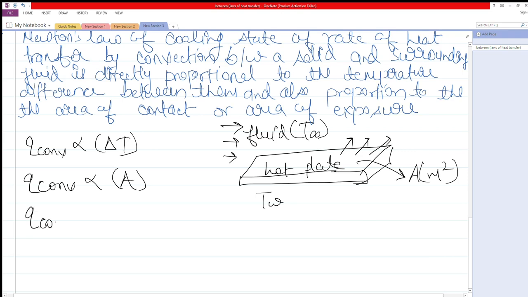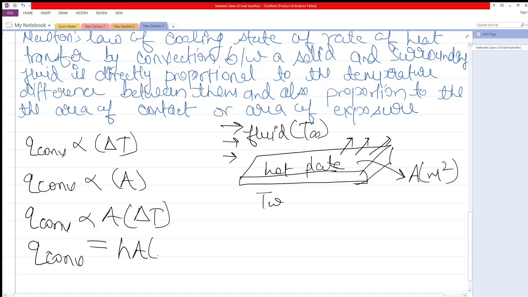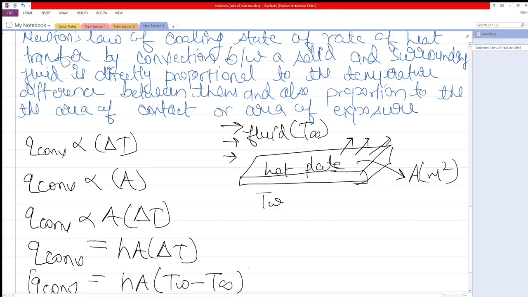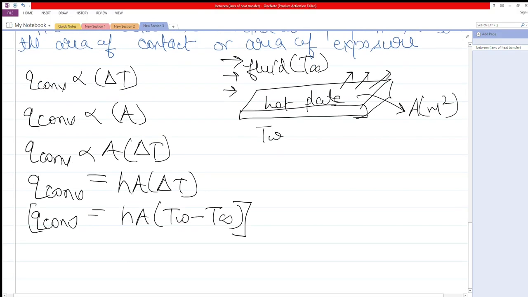Therefore, convection heat transfer is directly proportional to A into delta T. If we remove the proportionality sign, then the constant of proportionality comes: Q = hA delta T, and this delta T is nothing but wall temperature minus free stream temperature of the surrounding fluid. So this is the relation for Newton's law of convection.